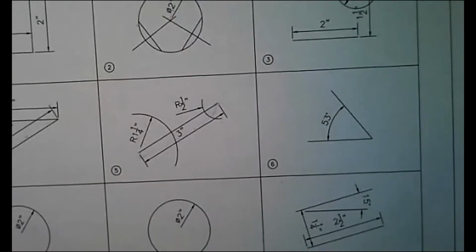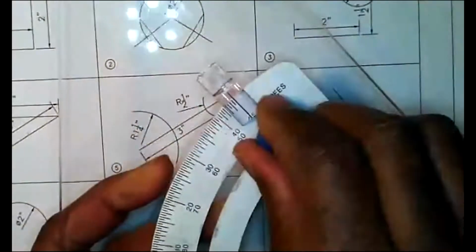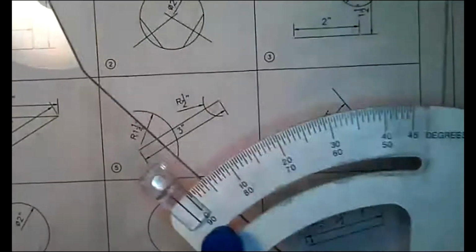Okay, adjustable triangle. All right, so now let's see how we're going to use that. We see that we have this pin here. If we loosen the pin like this, then that allows us to adjust the triangle.